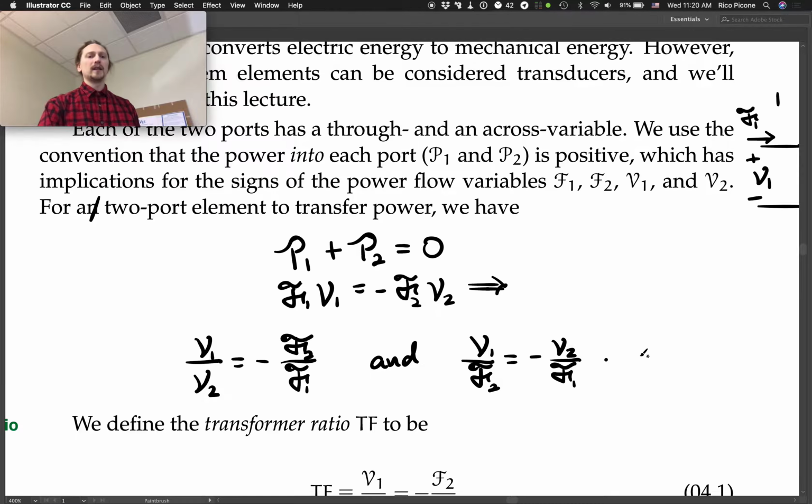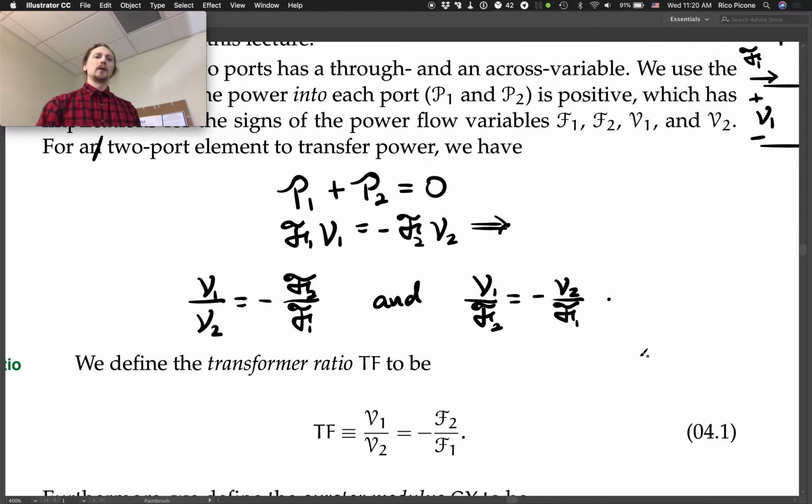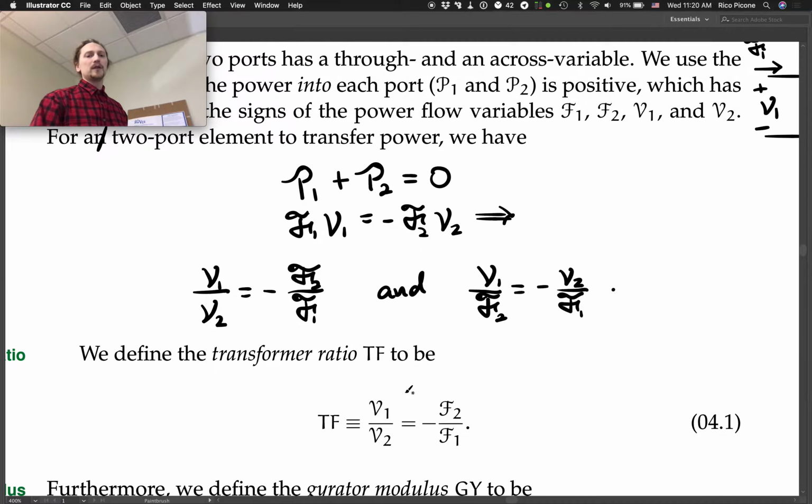Okay, so we're going to take these two equations and use them to define something. So we define the transformer ratio, TF, to be V1 over V2. Okay, so this is a little bit weird. We're using two letters to comprise one symbol. And I don't really like this notation, but that's what your textbook uses, the Rowell and Wormley text, so we're going to stick with it.